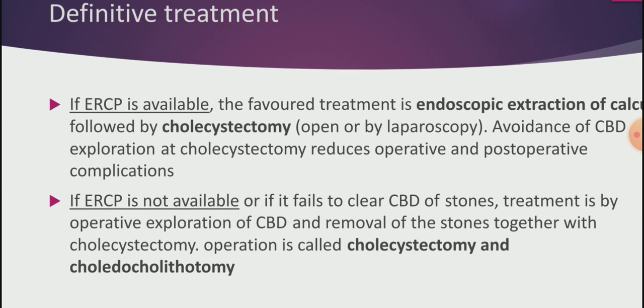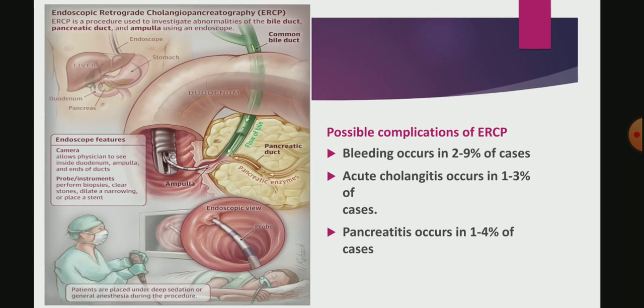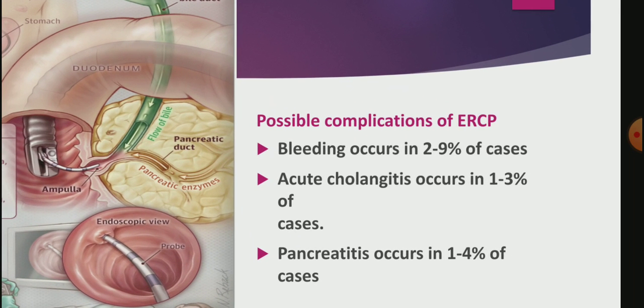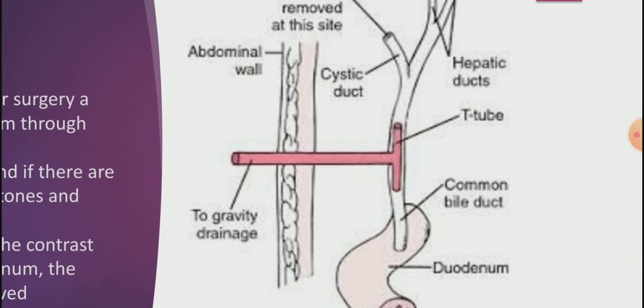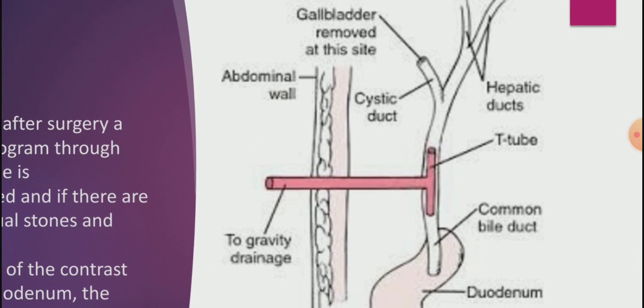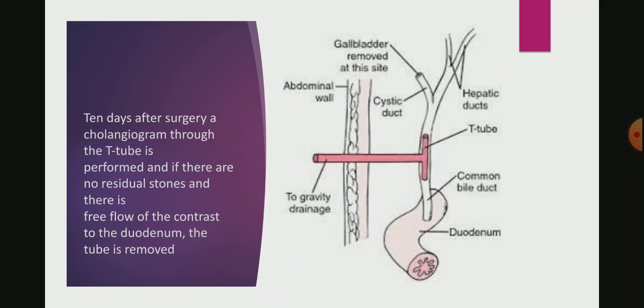If ERCP is not available or fails to clear the CBD stone, treatment is by operative exploration of the common bile duct, removal of the stone and placement of a T-tube. This is called cholecystectomy and choledocholithotomy. Possible complications of ERCP, as mentioned before, are bleeding, cholangitis, and pancreatitis. This picture shows how to place the T-tube after exploration of the common bile duct if ERCP failed or is not available.